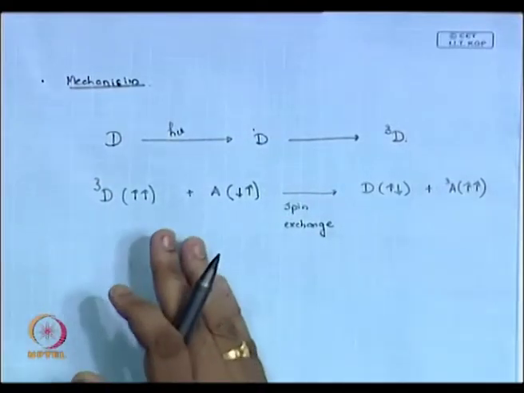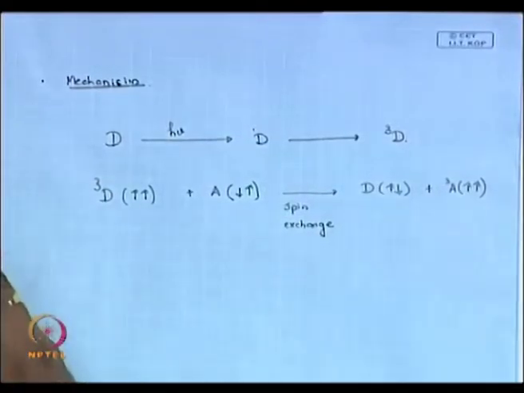Then you can see the energy of your donor has been transferred to your acceptor, right, without exciting your acceptor. We will see what is the beneficial use of knowing why to do the energy transfer reactions. Fine. So, this is the proper mechanism of this.